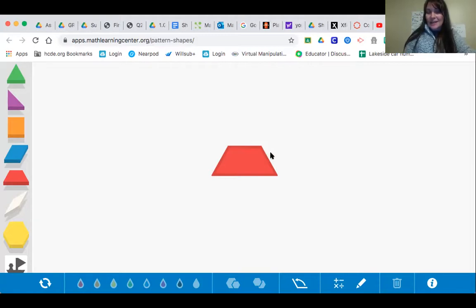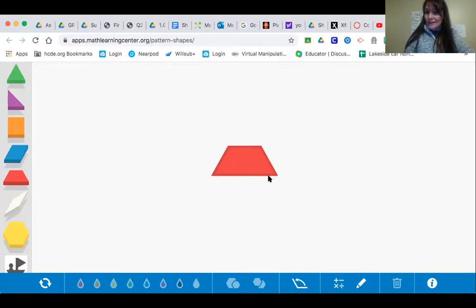That's right, it has 4 sides. How many vertices does it have? Remember, vertices are the corners. How many vertices does it have? That's right, it has 4.